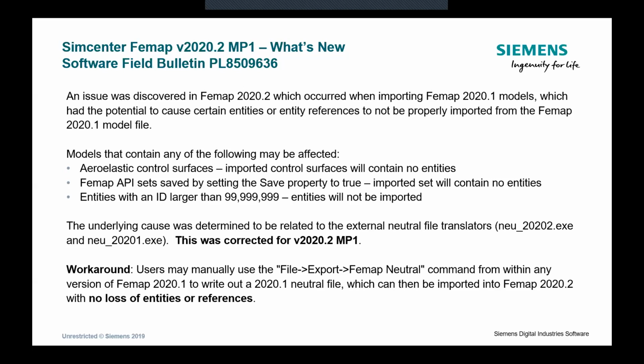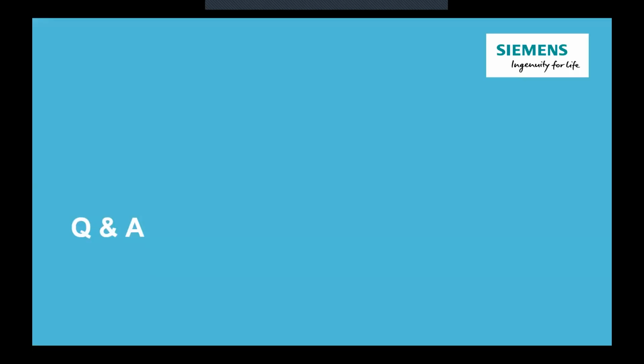And the simple workaround, if you're bringing something from 2020.1 to 2020.2, is to manually use the file export Femap neutral command to write a 2020.1 neutral file and then import that into 2020.2. There was no loss of entities or references. So that's just something to keep in mind. Okay, so that's it. Let's go to the Q&A.